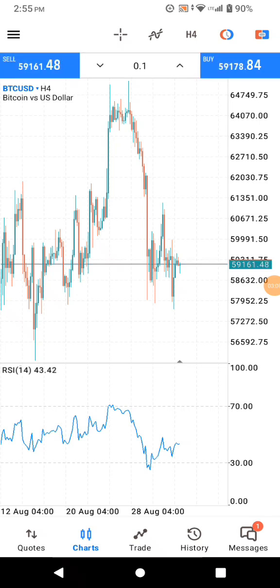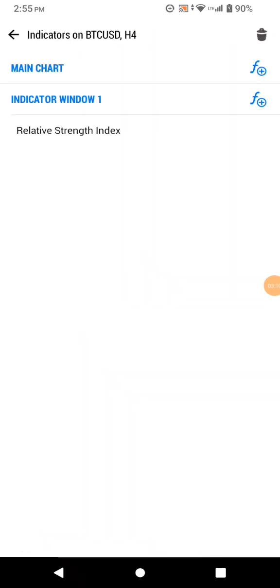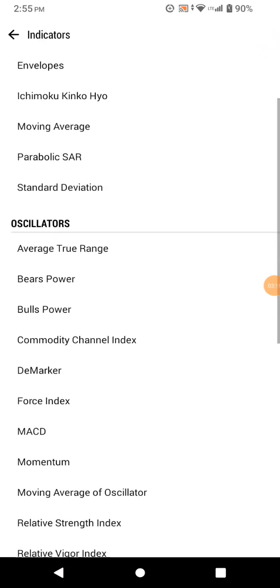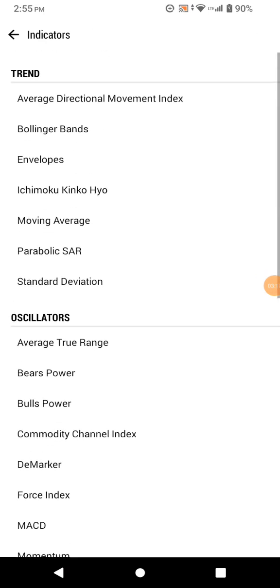Then the next indicator that I use is ADX. As you can see, this strategy is not the common one that you guys know.